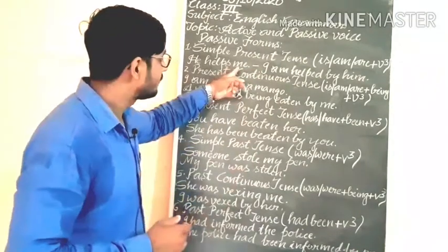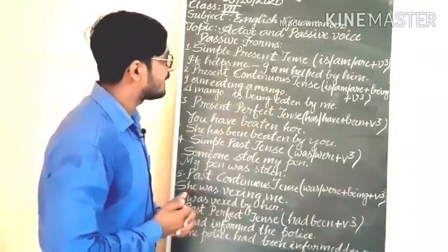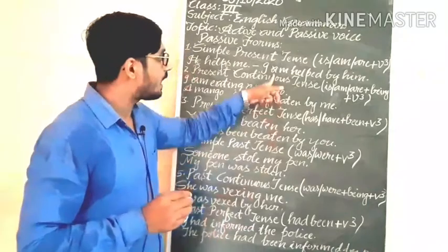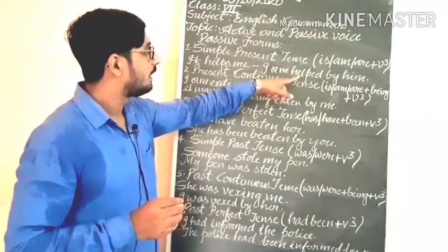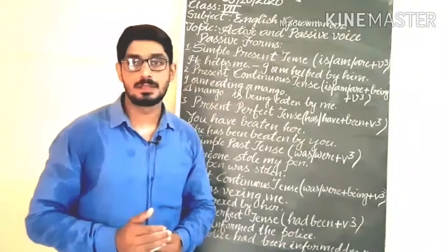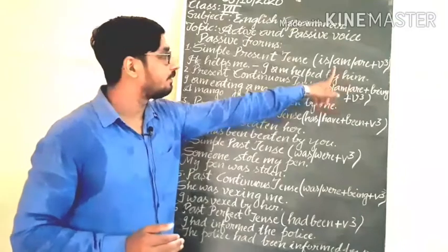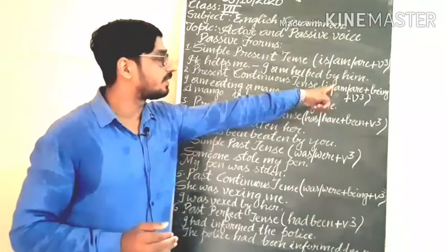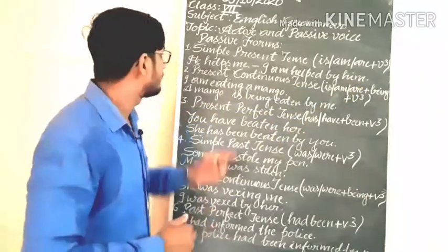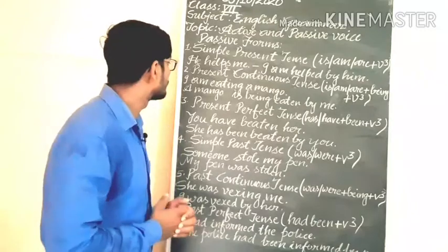So me becomes the subject I, and we use is, am, are according to the subject. In passive voice: I am helped by him. We always use the main verb third form in passive voice, and we include by, and after by we put the object. This is the sentence of simple present tense.